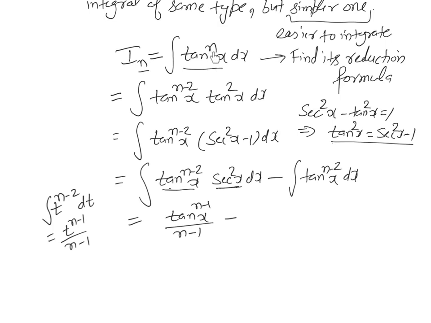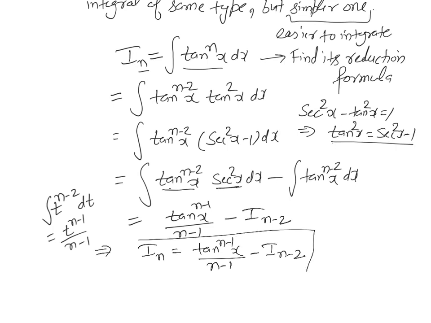We may write it as I subscript n minus 2. So this implies that I n is equal to tan^(n-1) x divided by n minus 1, minus I n minus 2.